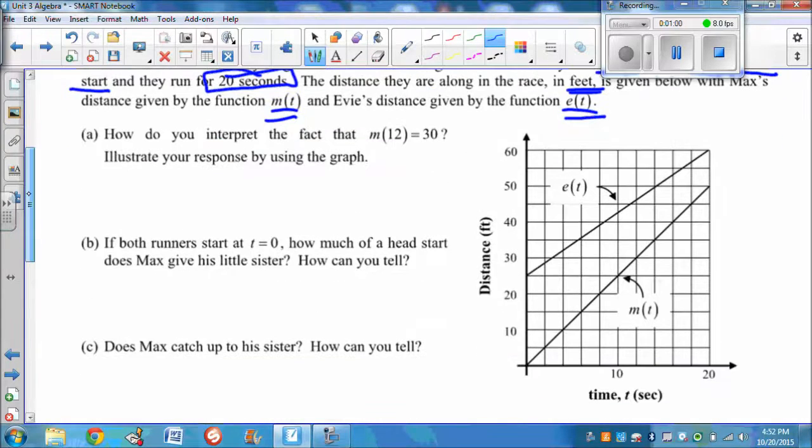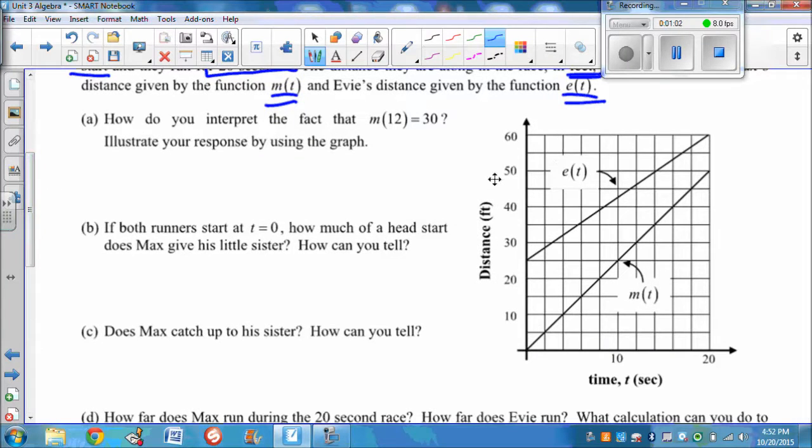So when we look at the graph here, we have distance in feet along the y-axis, marked out in increments of 10, so in between are 5s. And then down on the x-axis, we have time, t, in seconds. Max's path is here, m of t, and Evie's is here, e of t.